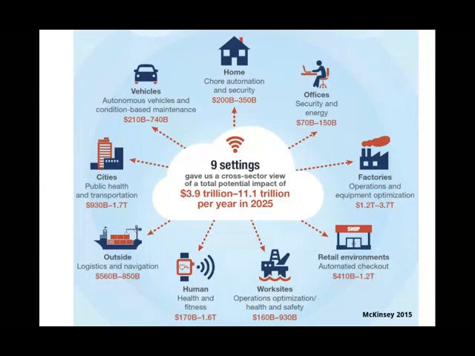And look at outside logistics and navigation. And then cities, smart cities, and public health, transportation. Really, you look at everything around you, and they peg these 9 different settings as having an impact of $3.9 to $11.1 trillion per year in the next 9-10 years. It's quite impressive.